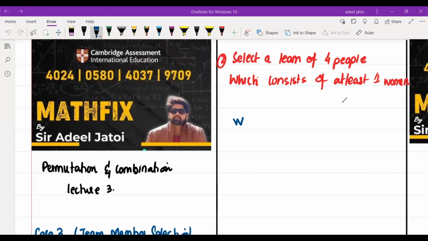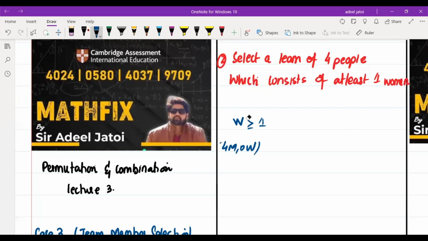W was greater than or equal to 1, since the question was very clear that we need to have at least one woman. So W needs to be greater than or equal to 1. That means in the view of the statement given, we need to have at least one woman. So we had the option that were 4 men, 0 women.